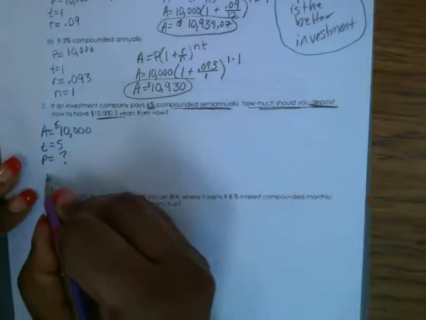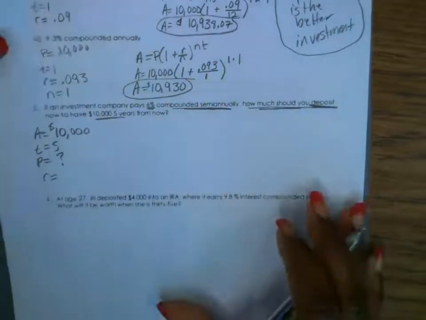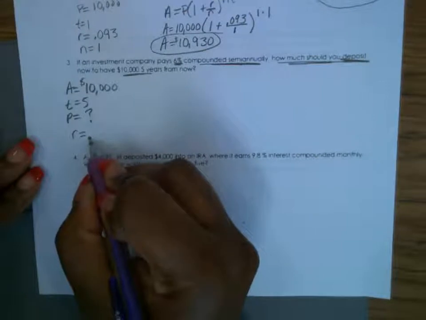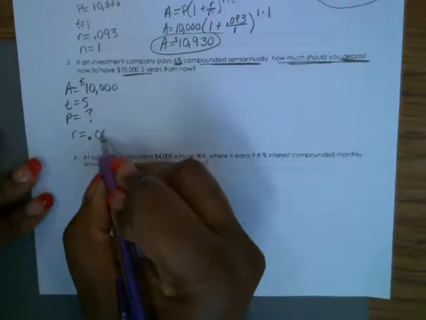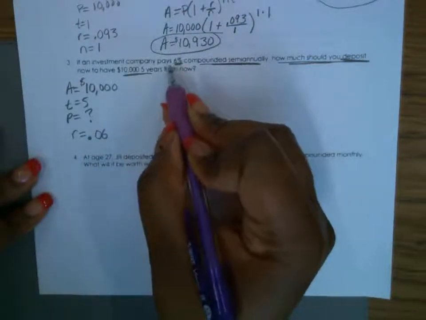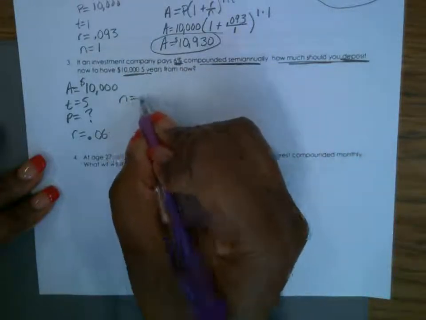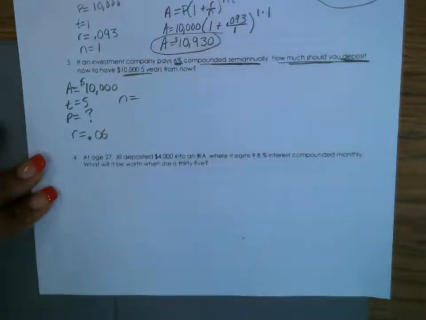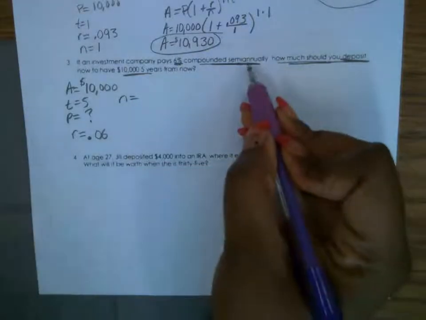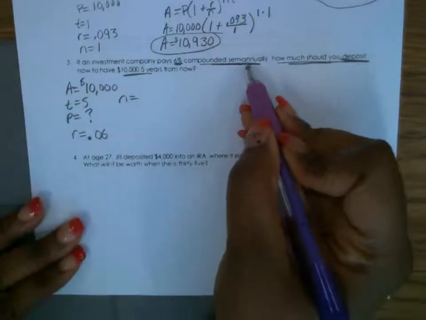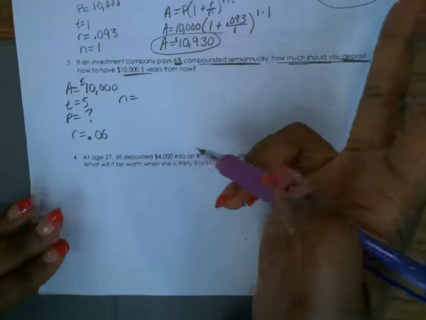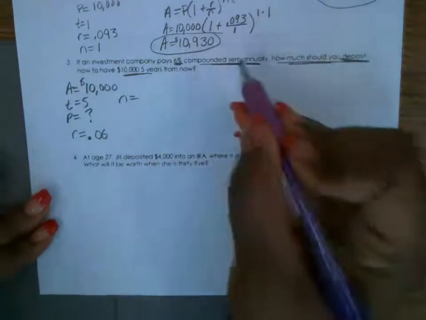Your rate is 6%. So you got 0.06 because you move the decimal over 2 times to the left and drop the percent sign. And how many times is interest being charged in 1 year? The compounded amount is semi-annually. Semi-annually is twice a year, and you find that in your notes, okay?